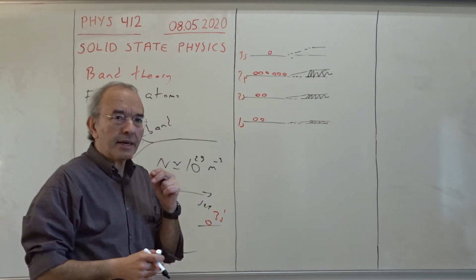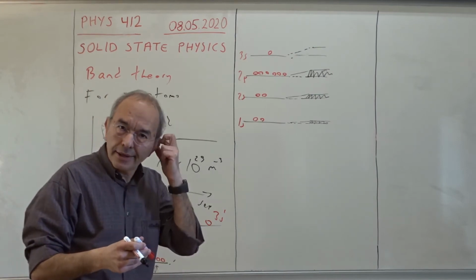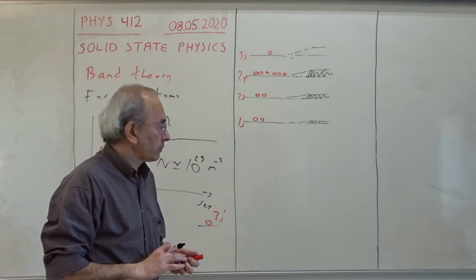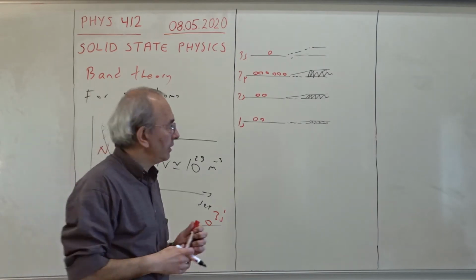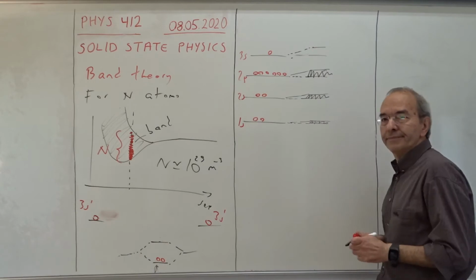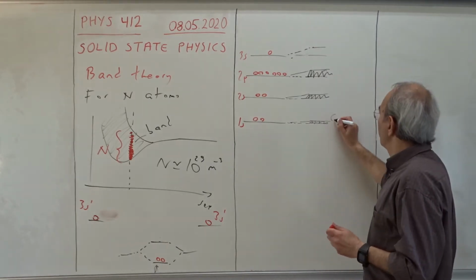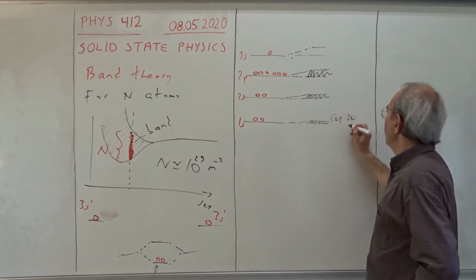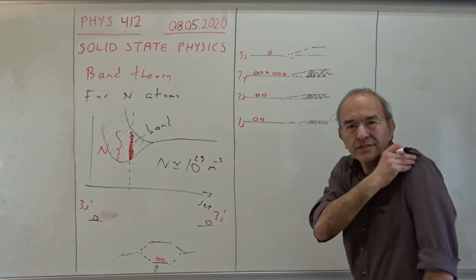But now, what is the capacity? What is the level of occupation? We have 2n capacity for 1s, totally filled.